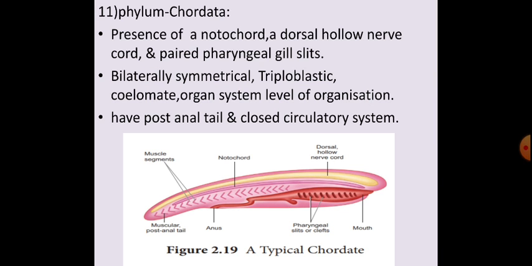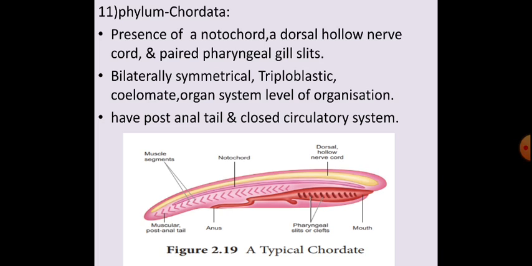The next phylum, Chordata, is a vertebrate. Vertebrate means the animals belonging to phylum Chordata have a notochord. On their dorsal surface there is a rod-like structure present on their body.